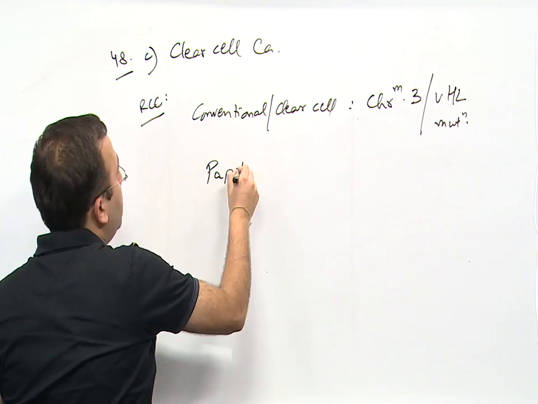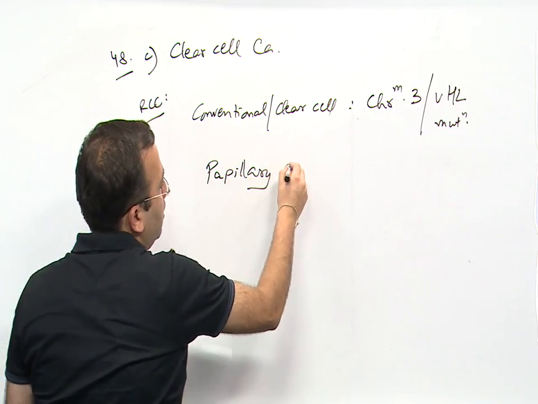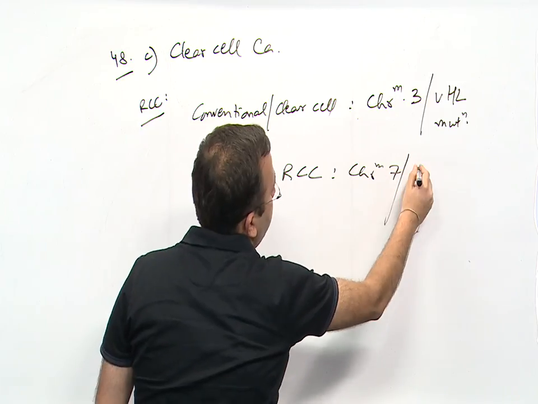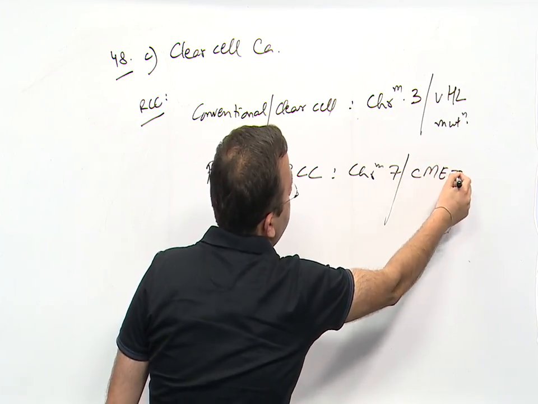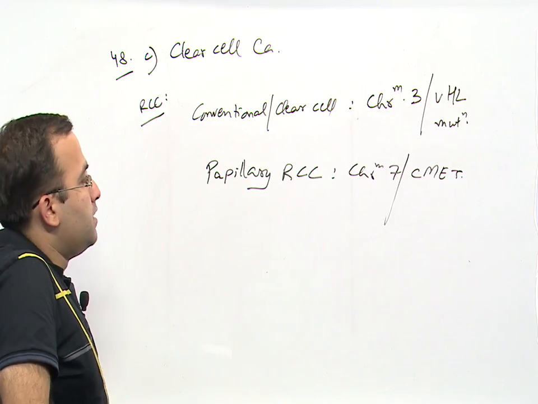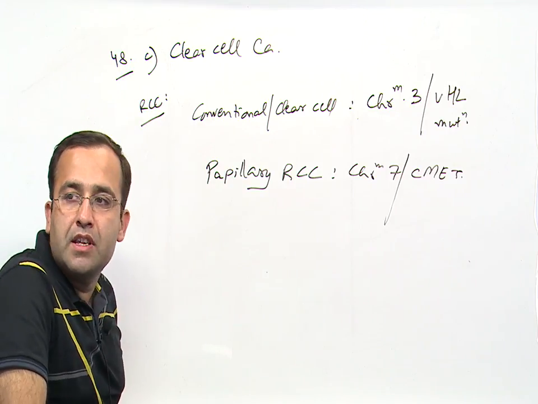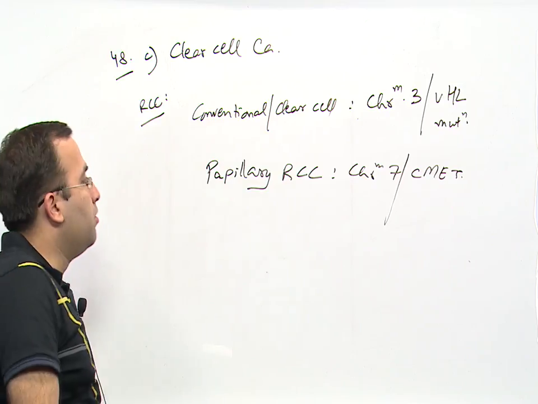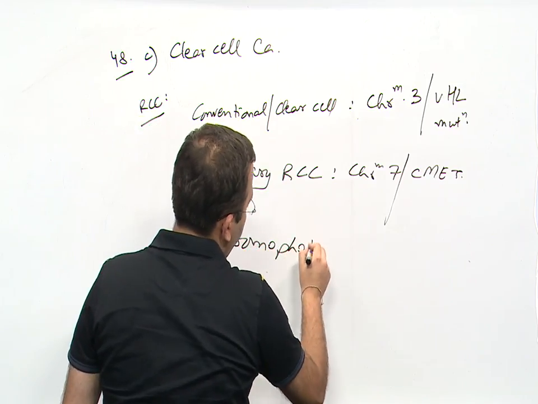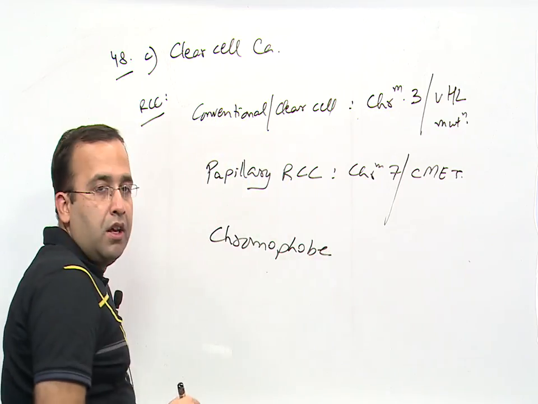Next, papillary RCC associated with chromosome 7 or CMET mutations. And the last main type is the chromophobe RCC.